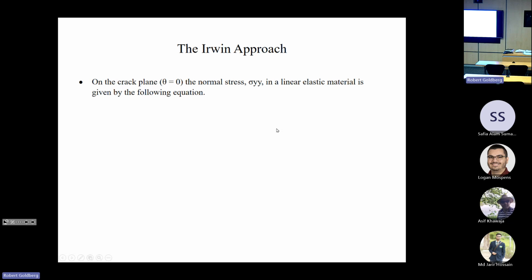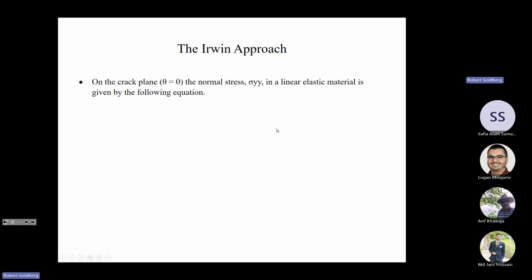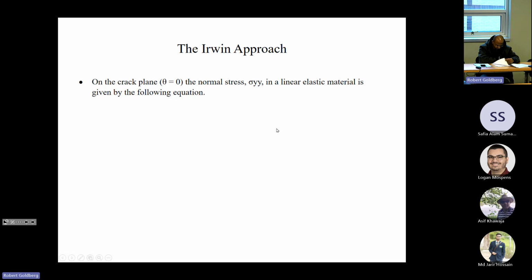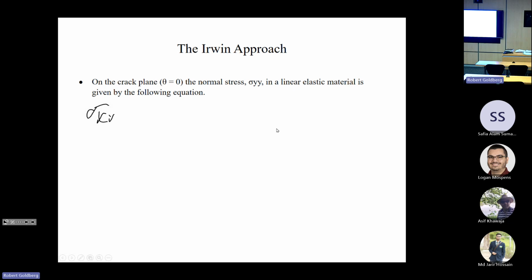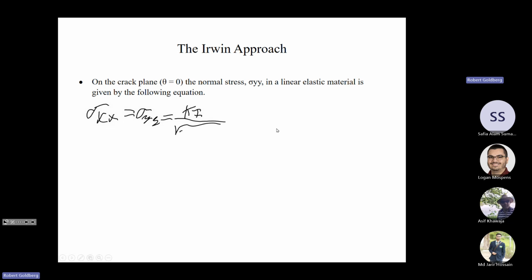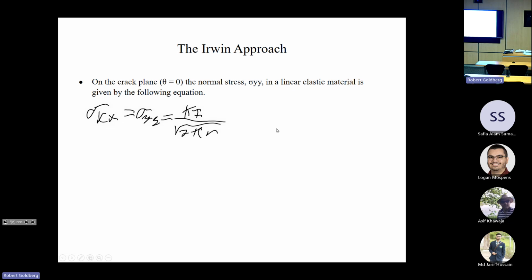Okay. So the first approach we're going to look at is the Irwin approach. On the cracked plane where theta is equal to 0, if we go back to our simple tables, we can say that for a linear elastic material, the stress in the x direction is equal to the stress in the y direction, which is equal to the mode 1 stress intensity factor divided by the square root of 2 times pi times the radius.